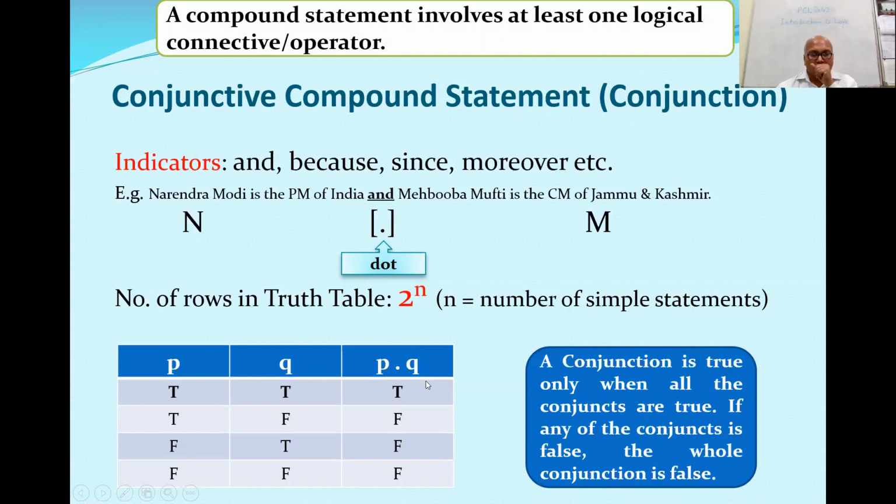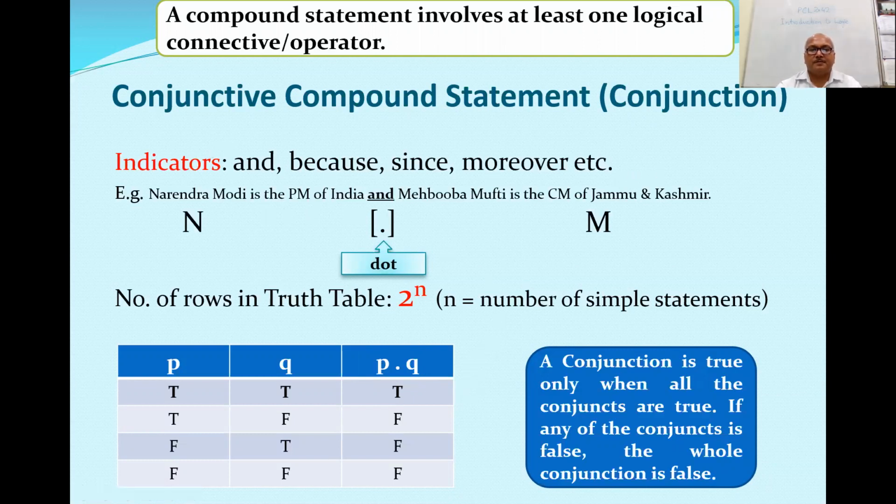What it means is that the value of P dot Q is dependent on the values of P and Q. So the value of P dot Q is a function of the values of P and Q, and that is why it is called a truth functional statement. Its truth value is dependent on the values of its components. So this way we calculate the value of a conjunction.